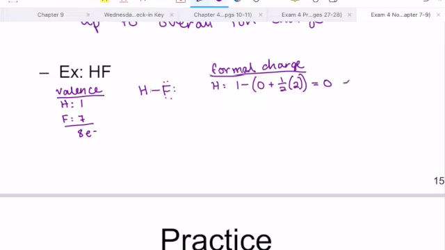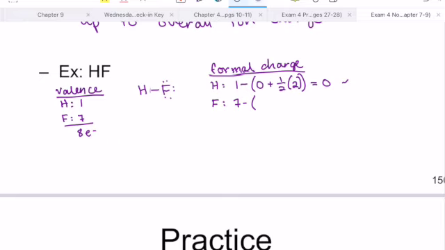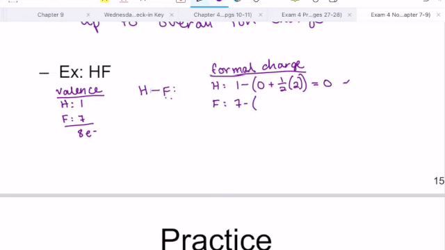Okay, now let's do the same thing for fluorine. How many valence electrons does fluorine have? 7, okay. How many non-bonding electrons does fluorine have? 6, yeah. 1, 2, 3, 4, 5, 6.